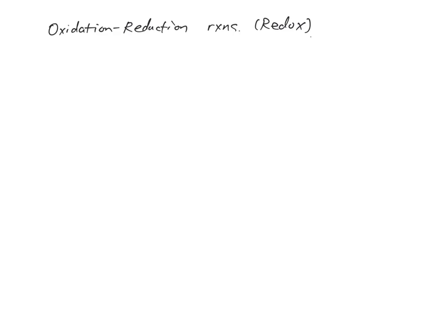Okay, and in a redox reaction though, the change of one polyatomic ion to another is a very common and reoccurring scene in most of the redox reactions that you're going to learn here.